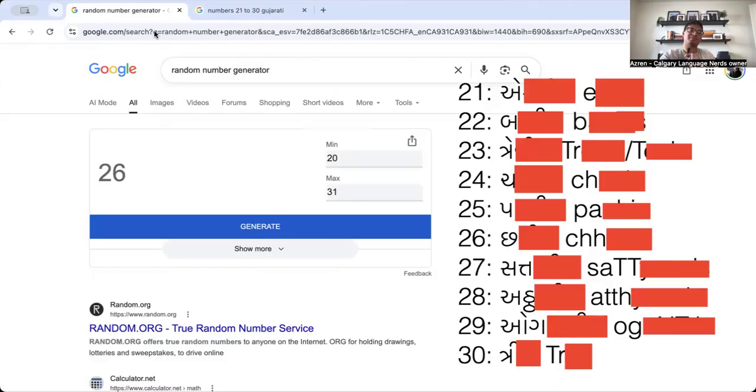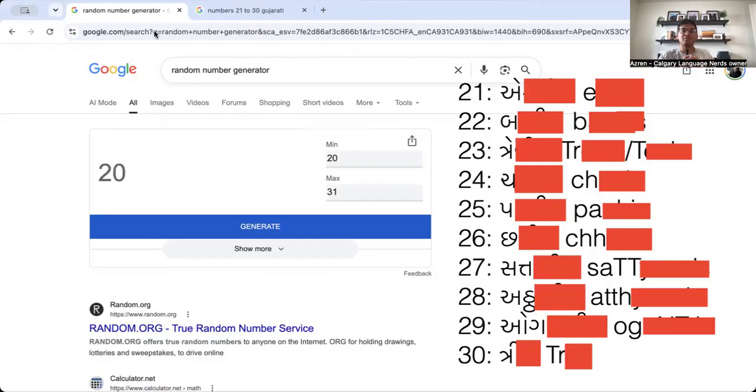Pachis. 26. Chavis. Oh, fun fact about chavis, by the way, I forgot to say this. More number spiciness. I've heard people pronounce it as chovis as well. So chavis or chovis. Very interesting. Just throwing that out there.